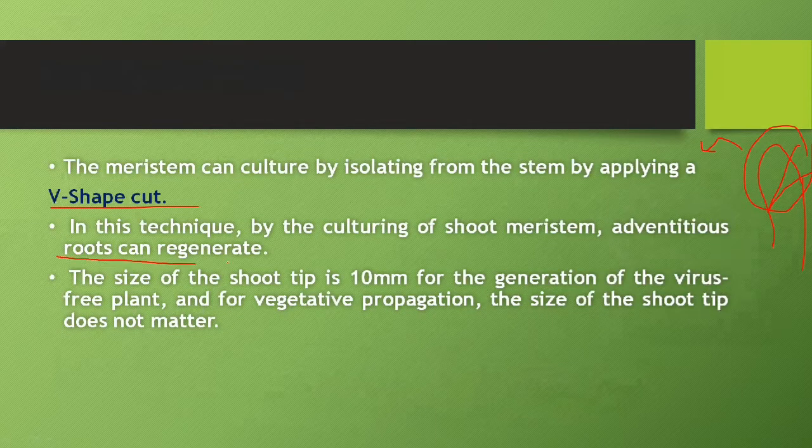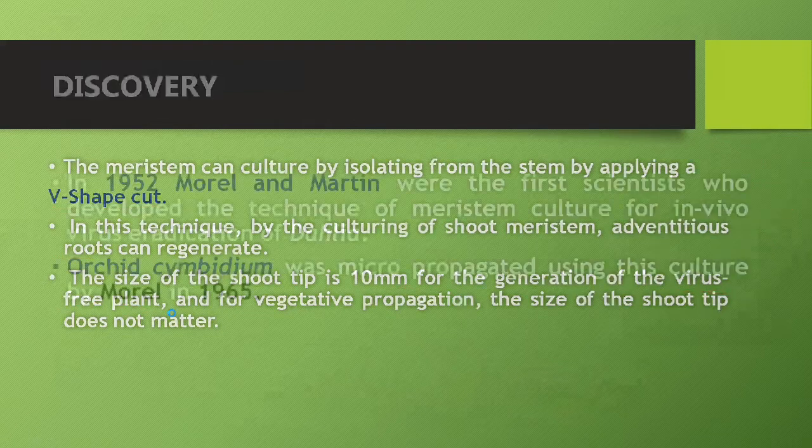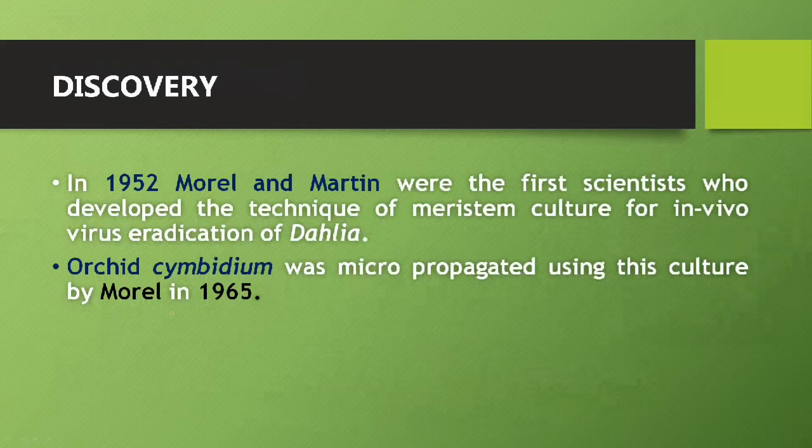The size of the shoot generally taken in meristem culture is 10 mm, and with the help of meristem culture we can generate virus-free plants. This is the main advantage of meristem culture. We can produce virus-free plants out of it.